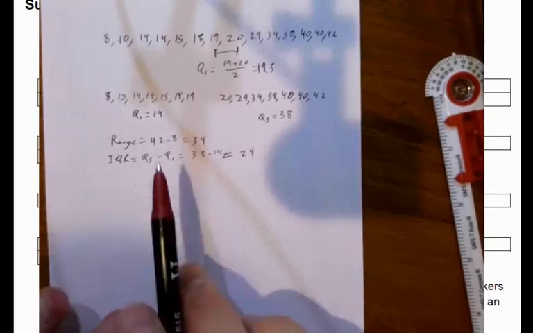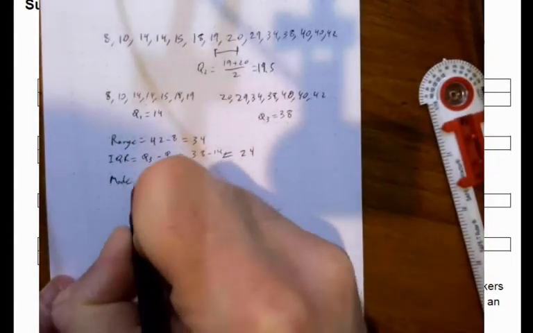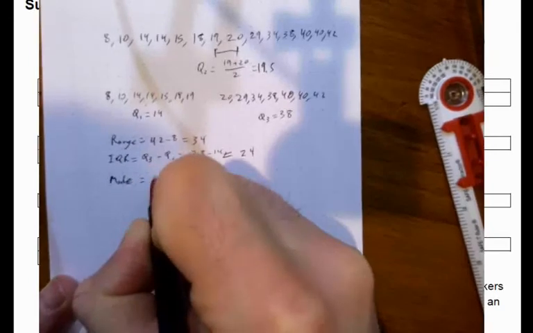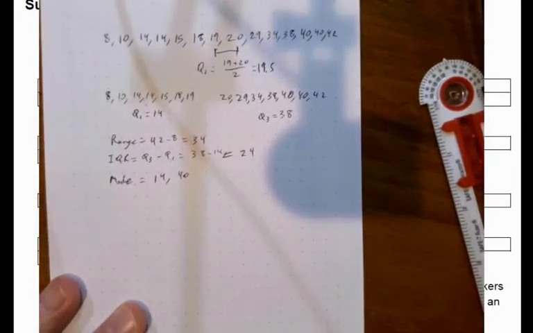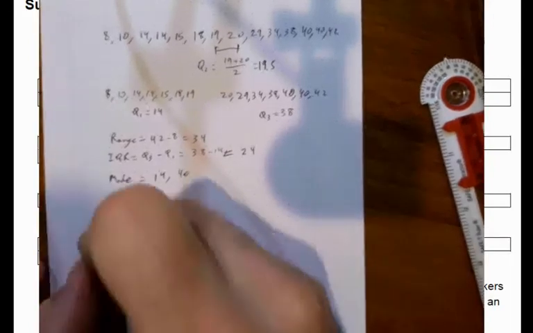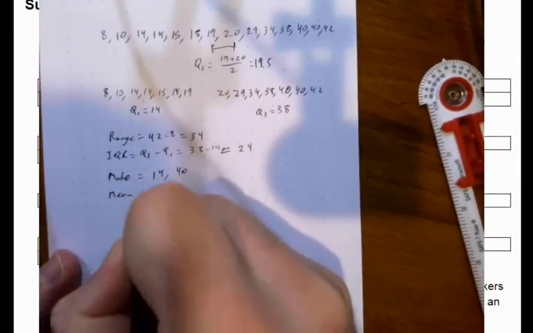While we're at it, let's find our mode. I have a 14, 14, and a 40, 40. So my mode is equal to 14, 40. So 2 values is my mode. And to find my mean, I'm going to take the sum of those numbers divided by the number of numbers.